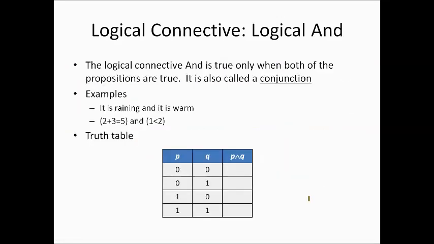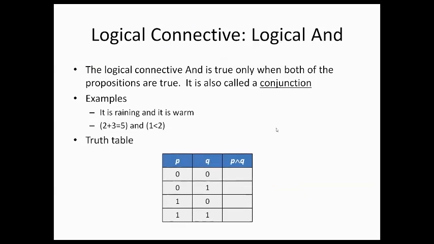Now we know how to use the conjunction and, but what about the truth table? Let's try to create the truth table. The logical connective and is true only when both of the propositions are true.